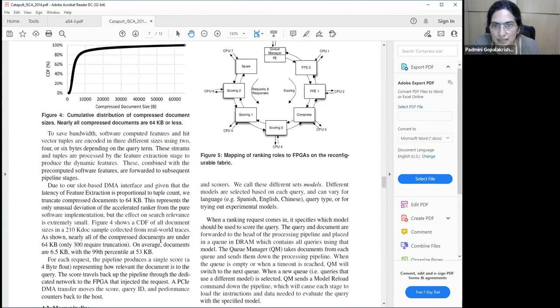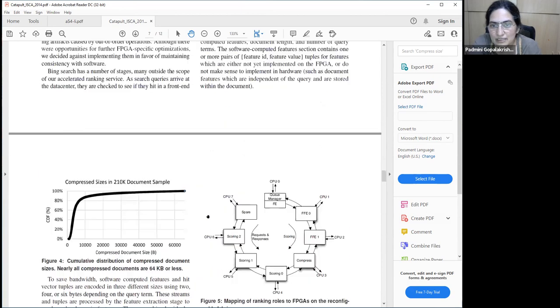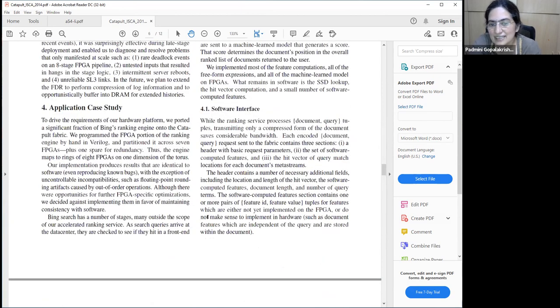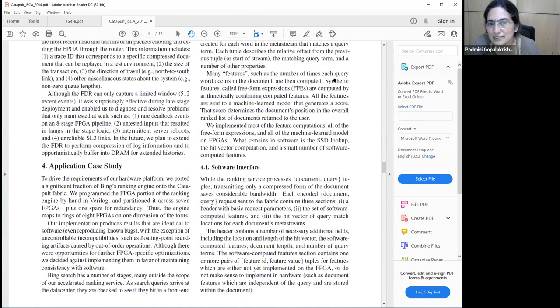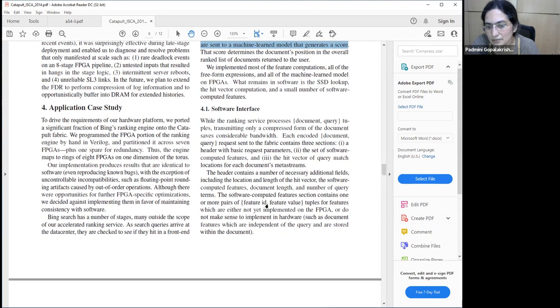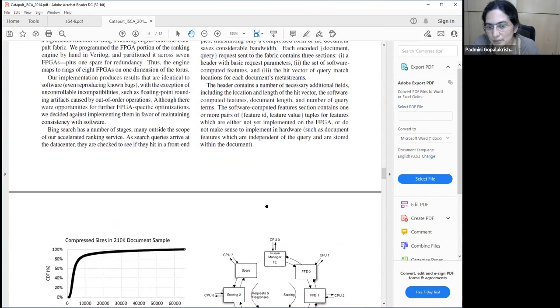We saw here that there are 3 things that they need to do. The first is you need to compute features. Then you need to compute these synthetic free-form expressions, and then you need to run it through a machine learning model and generate a score. So these 3 are the basic building blocks of your pipeline.